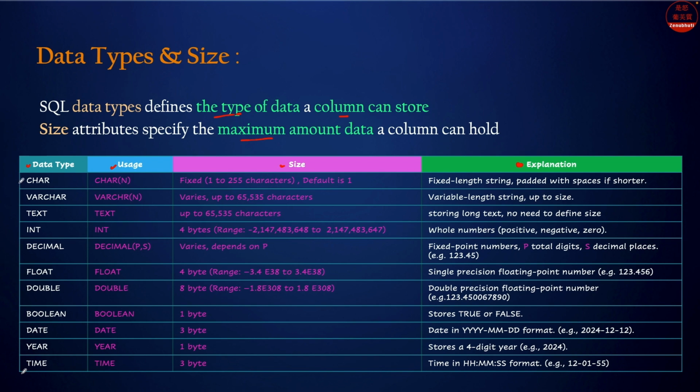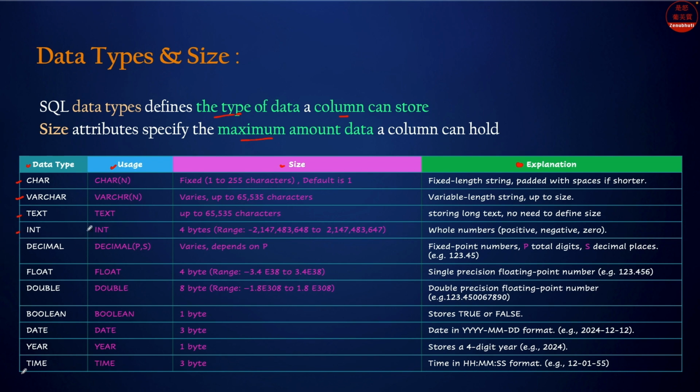Whenever you want to use names or strings, you use character or varchar data. So character has a fixed length and varchar has a variable length. If you want to write some text up to 65,535 characters, then you will choose the text data type.